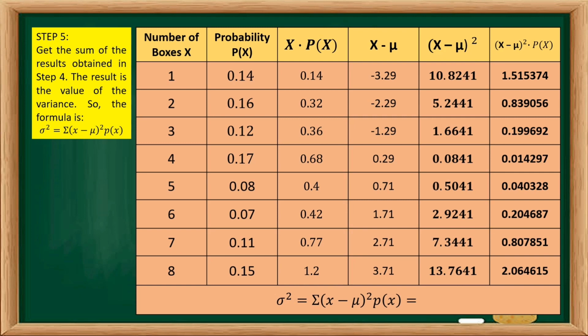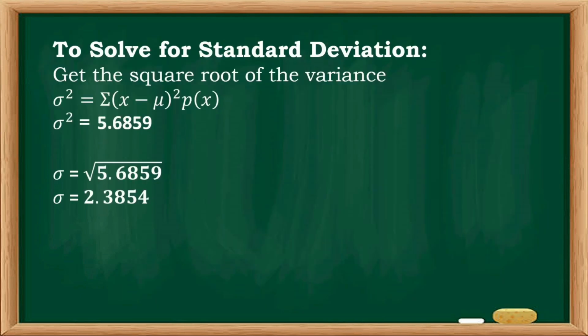Step 5. Get the sum of the results obtained in Step 4. The result is the value of the variance. So, the formula is sigma squared is equal to the summation of the quantity x minus mu, squared, times P of x. And the variance is equal to 5.6859. And let us solve for standard deviation.